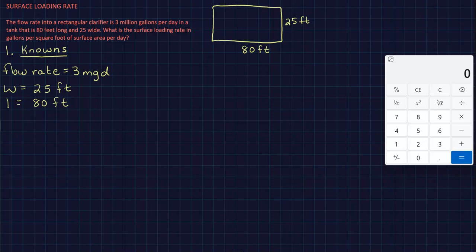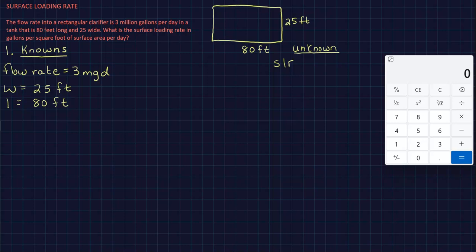Great. What don't we know? Well, we don't know the surface loading rate. So the first thing I'm going to do, surface loading rate, it gives you units. You always want to know what you're solving for. What are you looking for?